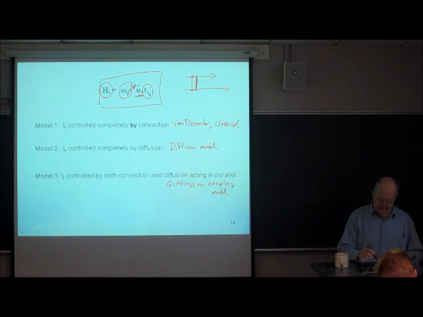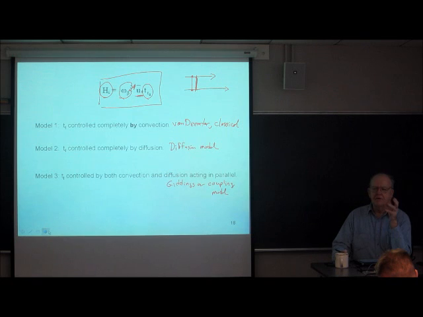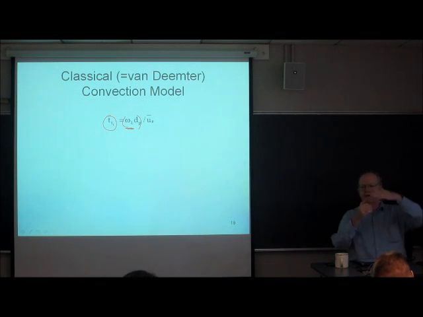So the first model is T sub T is controlled completely by convection. If it's controlled completely by convection, you better not see a diffusion coefficient, right? So here's what they said. Here's what Van Deemter said effectively. This transport time is equal to some constant of proportionality times the particle size. This represents the distance that the two flow streams are separated by.